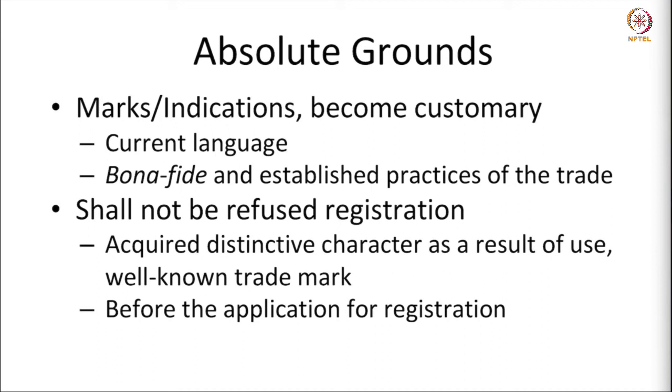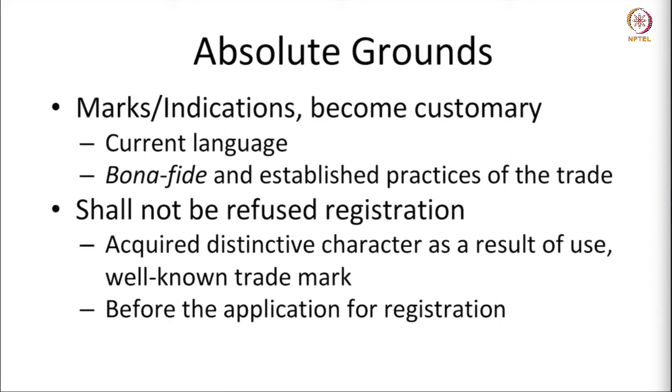And that has to be demonstrated that as a result of constant use, the mark, though it belongs to an absolute ground of rejection, that the fact that it is descriptive or it does not have distinctiveness, it has acquired a distinctive character. So that has to be shown before the trademark office. Similarly, well-known marks shall not be denied a registration, because the fact that they are well-known, they could be used for any category of goods and services.